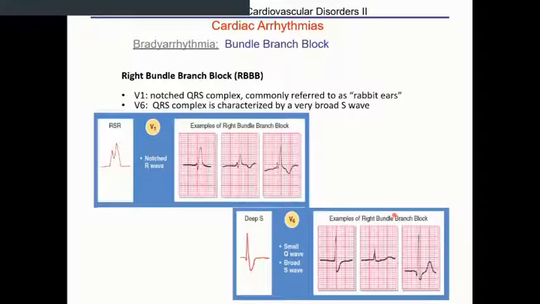In the ECG tracing, for example, with right bundle branch block, your V1 will have a notched QRS complex, which is commonly referred to as rabbit ears, while your V6 will have a QRS complex characterized by a broad S wave.